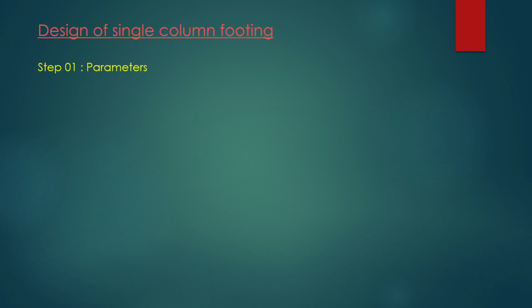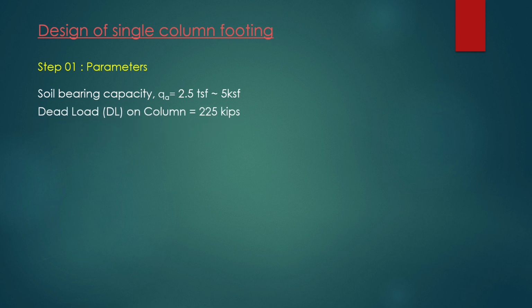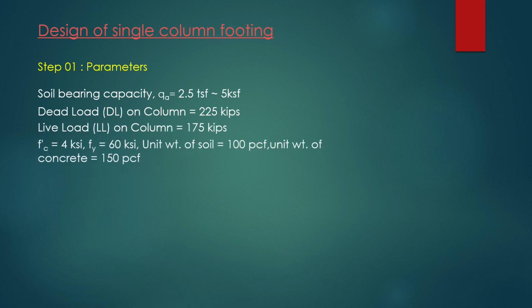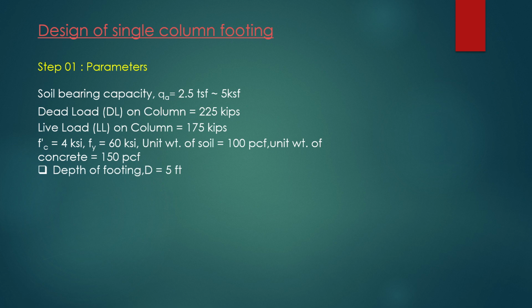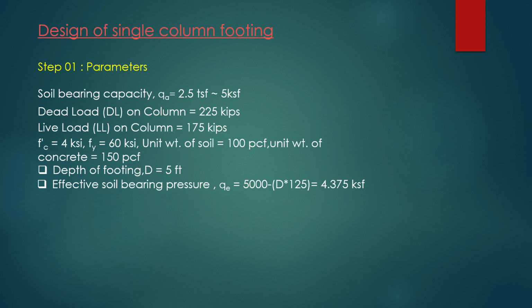Step 1, collecting all the parameters. Soil bearing capacity QA, this is obtained from the soil test report. Dead load of column, live load, F prime C, Fy, unit weight of soil, unit weight of concrete, depth of footing, effective soil bearing pressure.